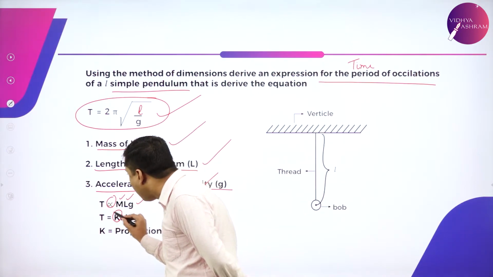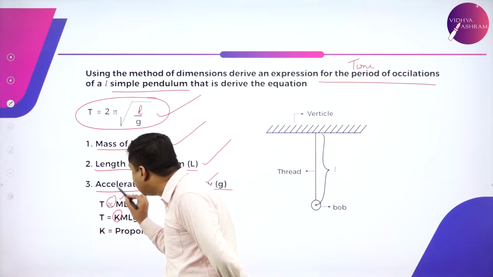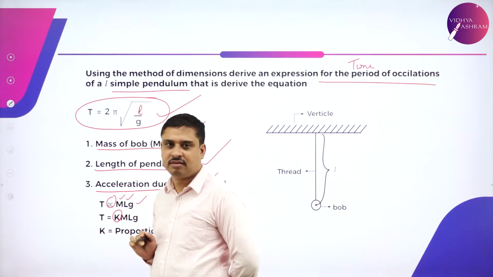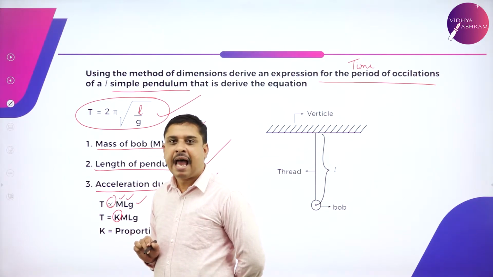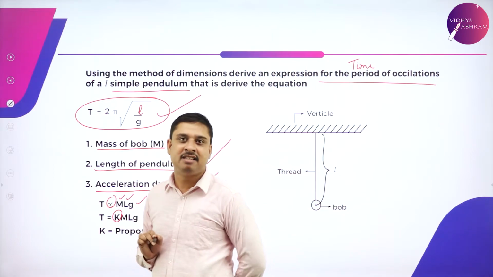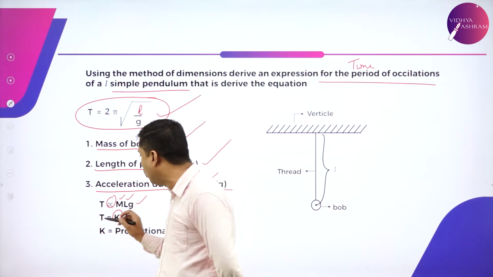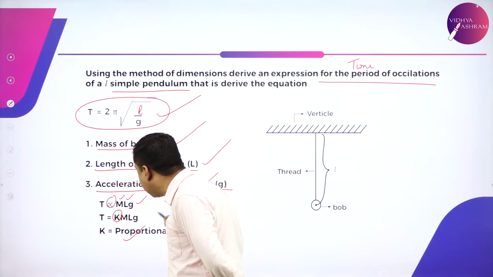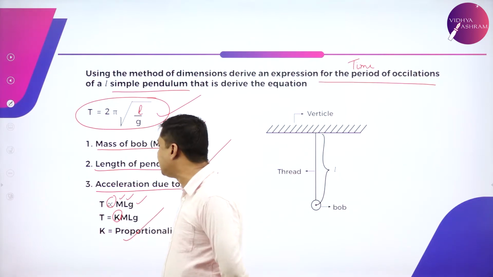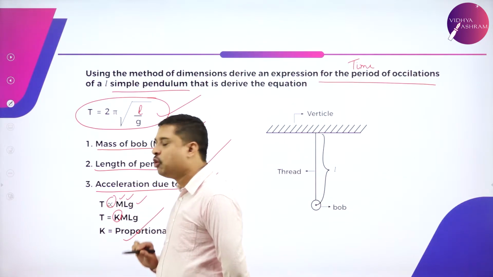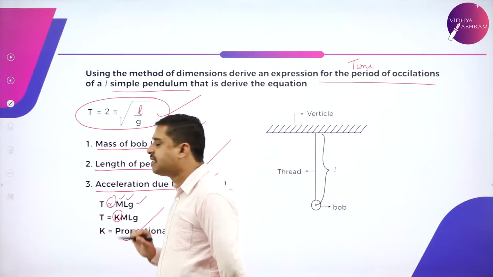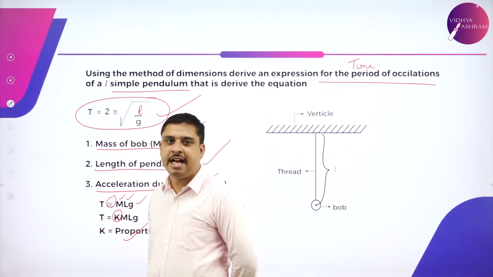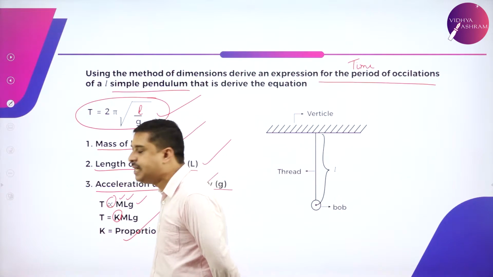This cannot be solved because there is a proportionality symbol, and that proportionality symbol has to be taken out by introducing a constant. The constant I introduce here is K. So T proportional to M, L, g. This proportionality symbol is eliminated by using a constant K.